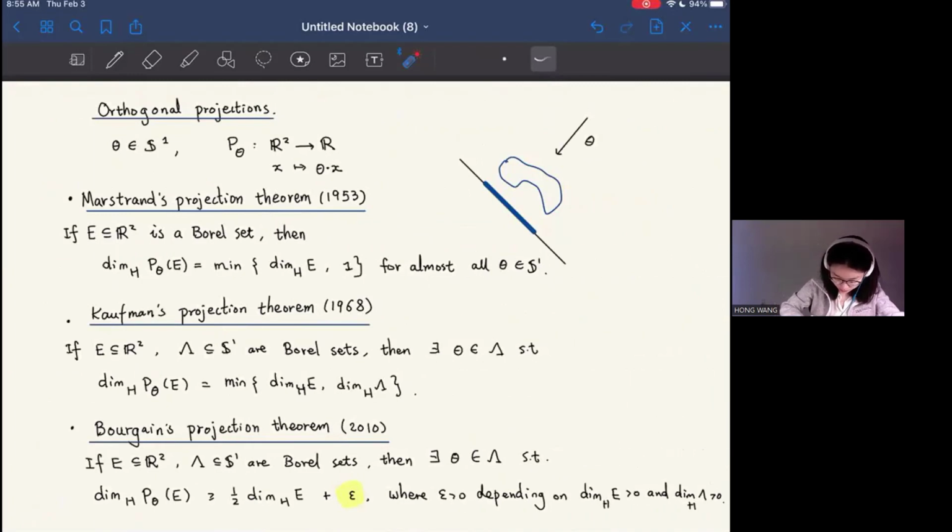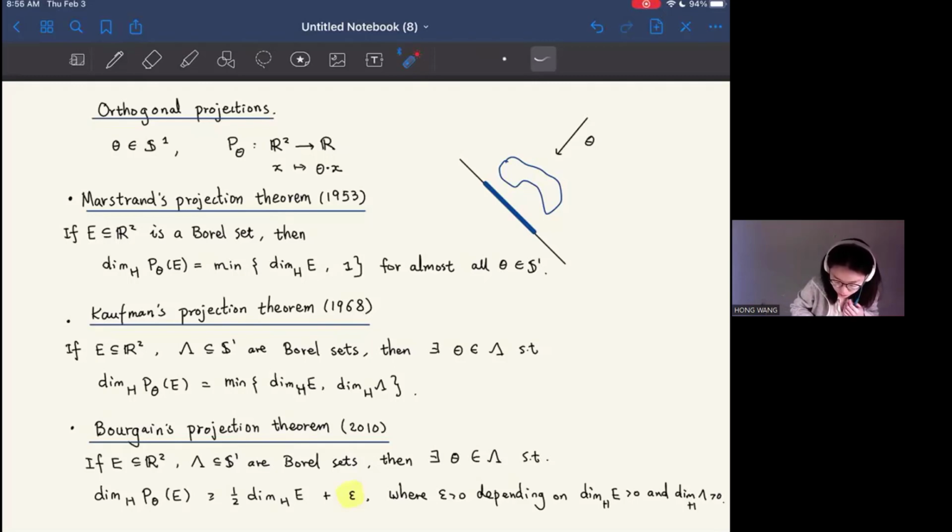So here, this slide is about different orthogonal projection results we have. That shows that if the direction set is large, then we can always find a direction such that the orthogonal projection image is large.